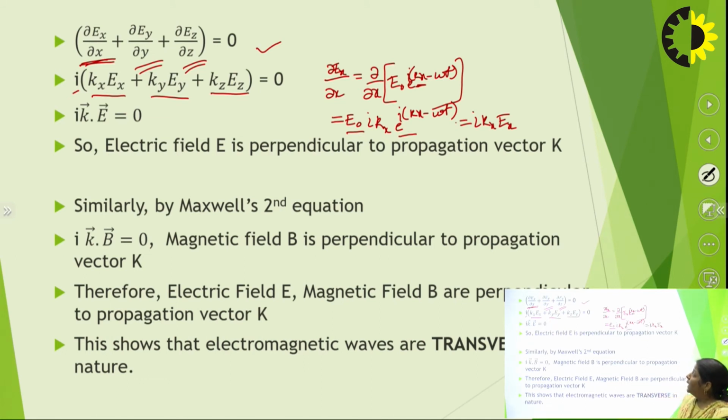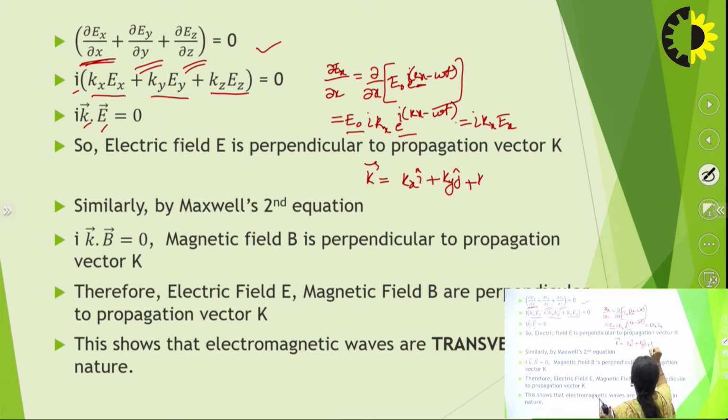If we look at this whole expression properly, we can say that if we take the dot product of k and E, then we will obtain these terms. Let me show you how. What is k? This vector k is the propagation vector, so in terms of components it can be written as kx i plus ky j plus kz k.